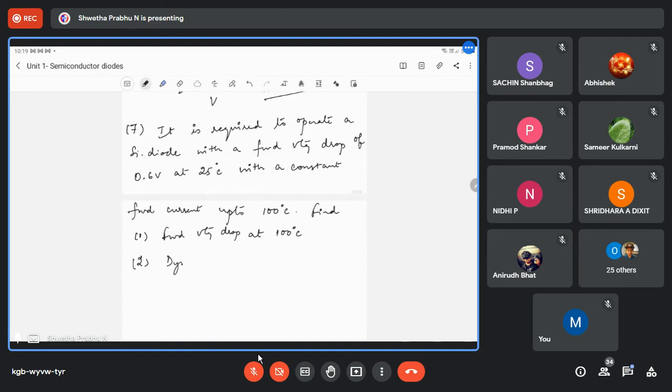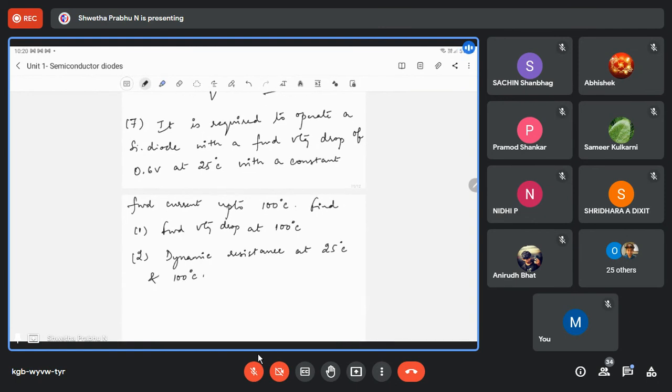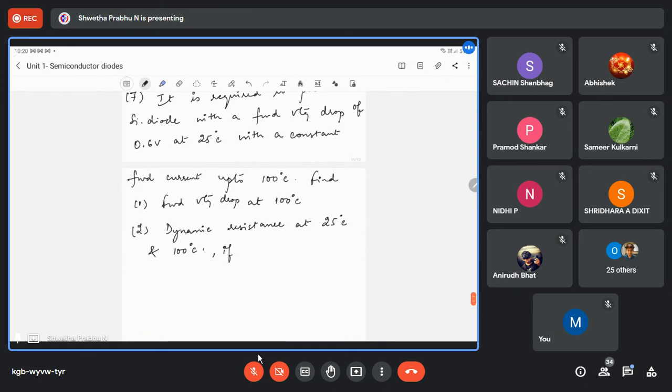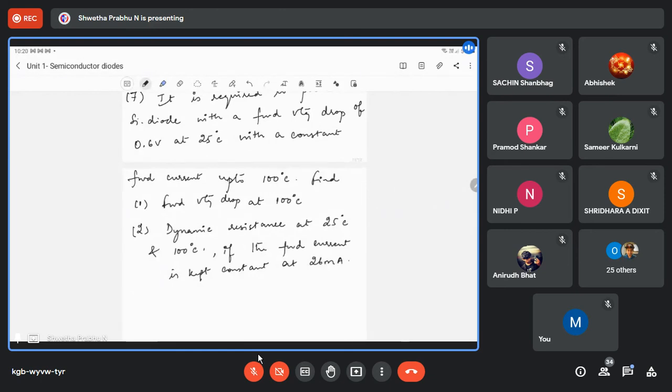Second sub question: dynamic resistance at 25 degrees centigrade and 100 degrees centigrade, if the forward current is kept constant. If the forward current is kept constant at 26 milliamperes.